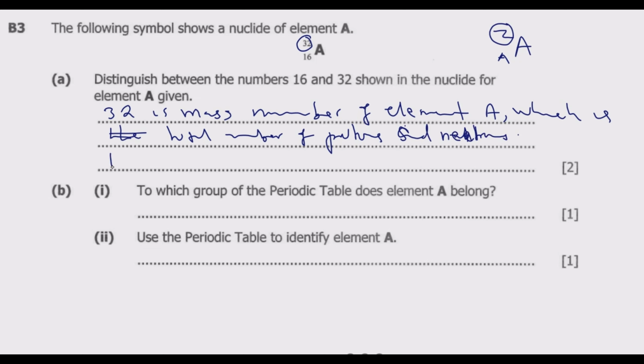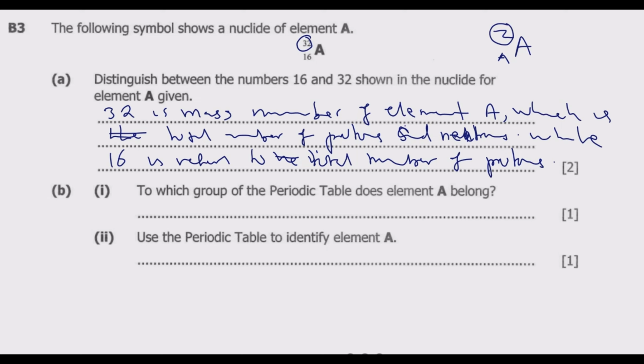Then 16 refers to the total number of protons in element A. That's the difference. Then B Roman numeral 1, to which group of the periodic table does element A belong?